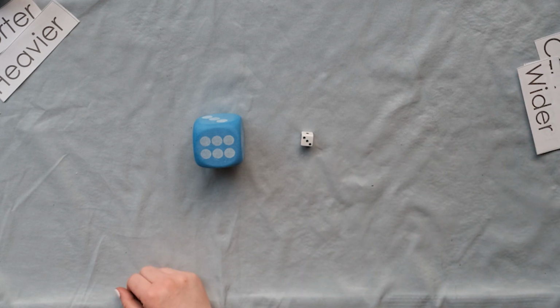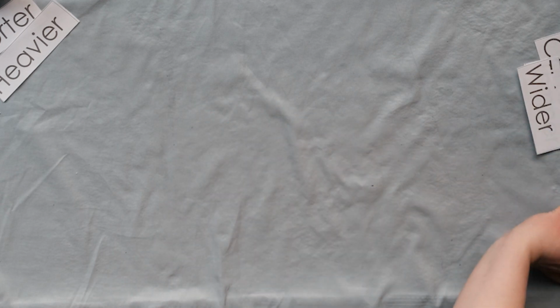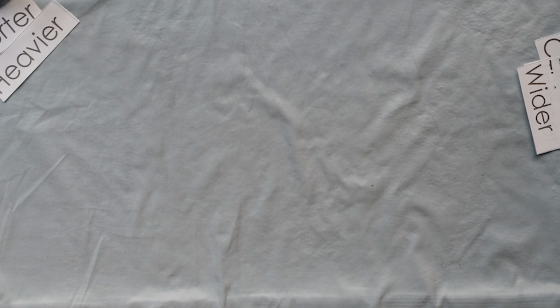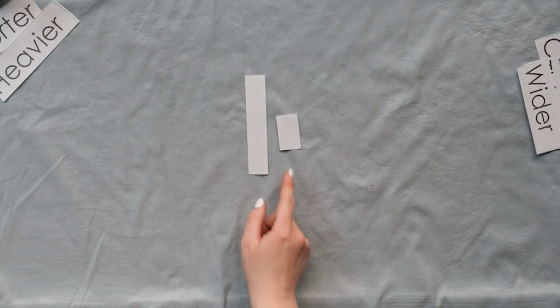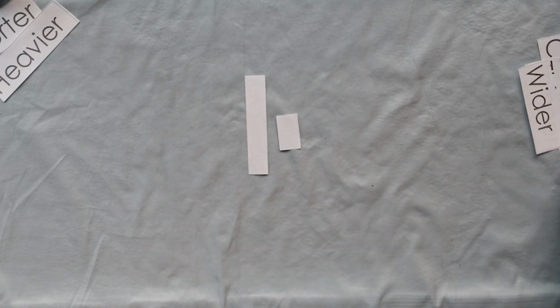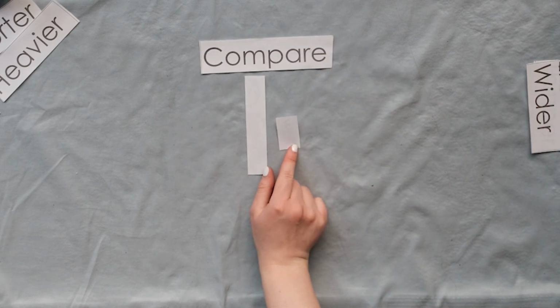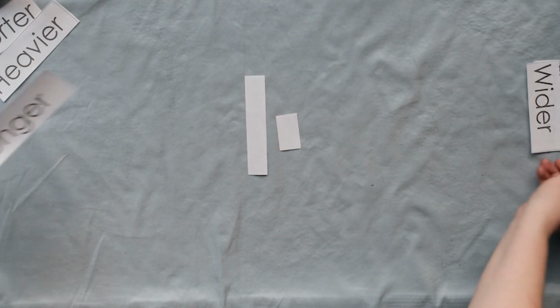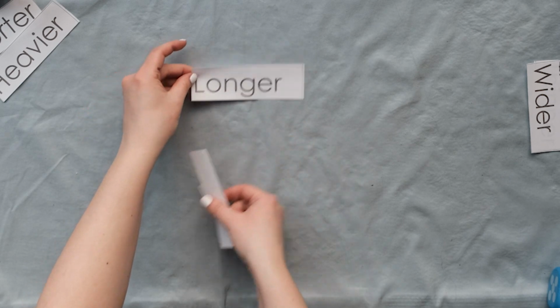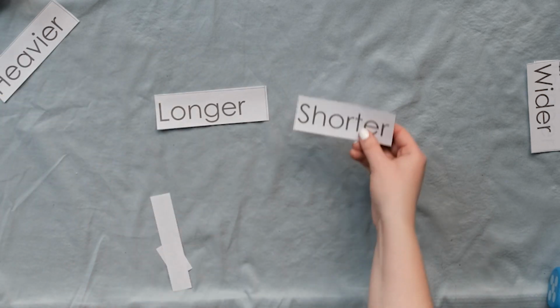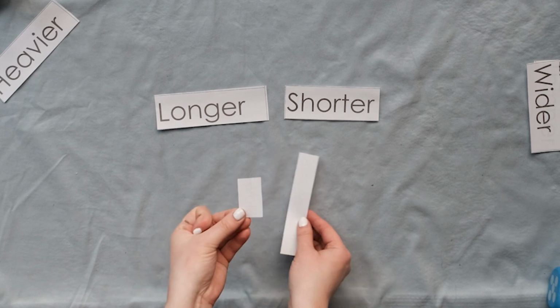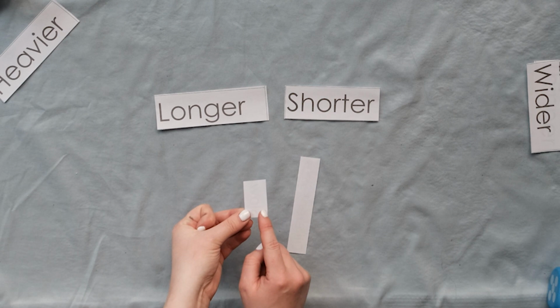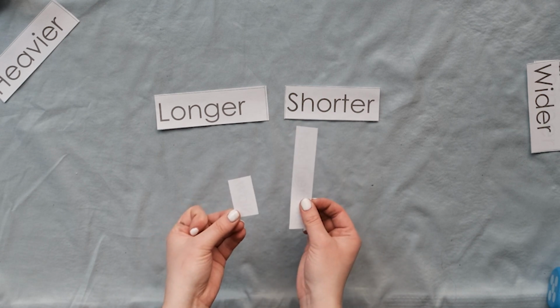How else could we compare two things? Well, if I'm looking at two pieces of paper like this, and I want to talk about the height, I could use the words longer and shorter. So if I'm using this one and I want to compare the two, is this one shorter than this one?